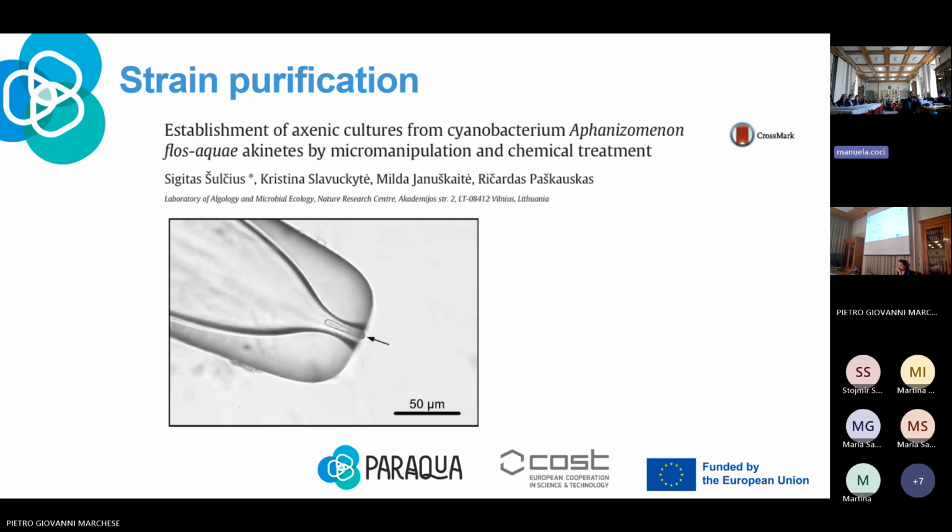So here you can see the microcapillary and the way the team from Lithuania obtained the culture of Aphanizomenon flos-aquae. They relied on single akinetes present on the bottom and applied some chemical treatments to exclude the bacterial contamination.